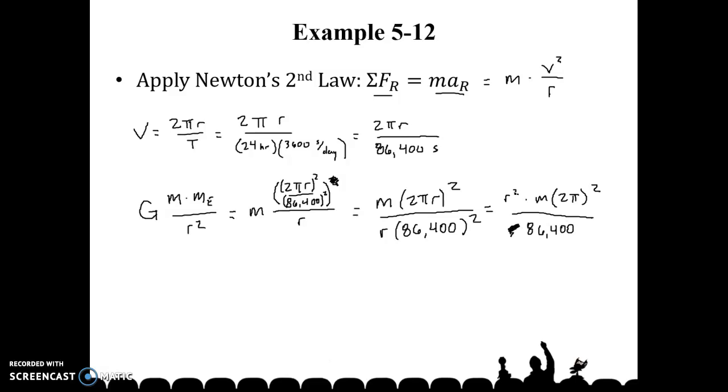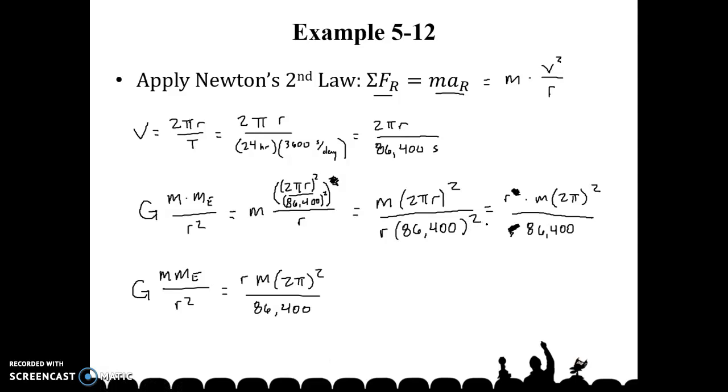That will cancel out this r, and I'll be left with just an r rather than an r squared. So let's see here. Now I've got G m m_e over r squared is equal to r m times 2 pi squared over 86,400.